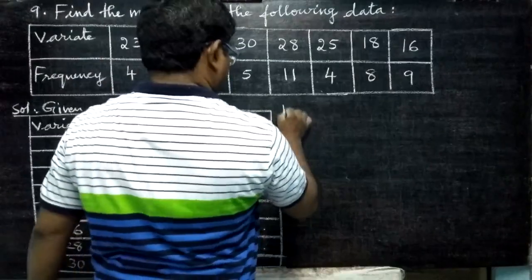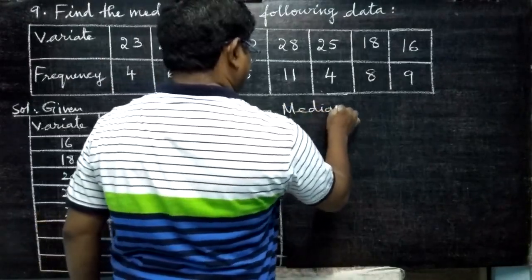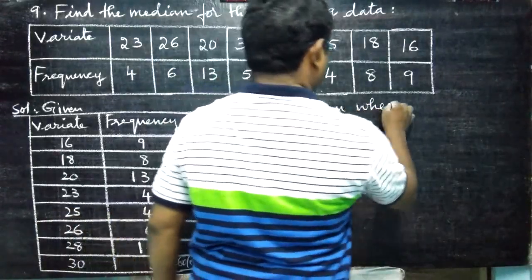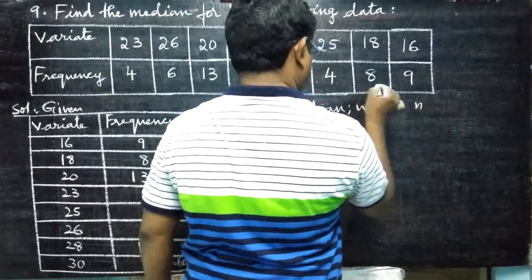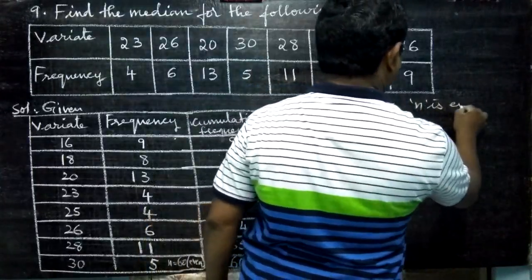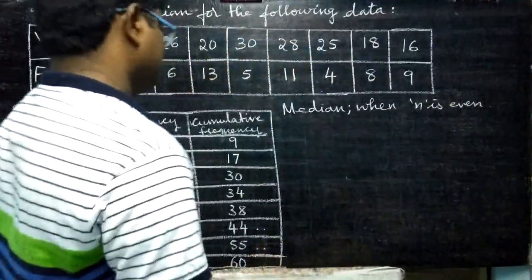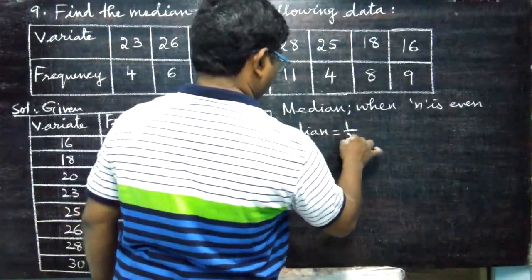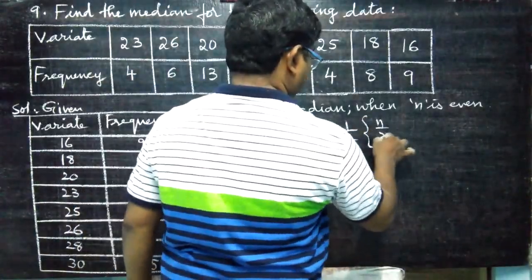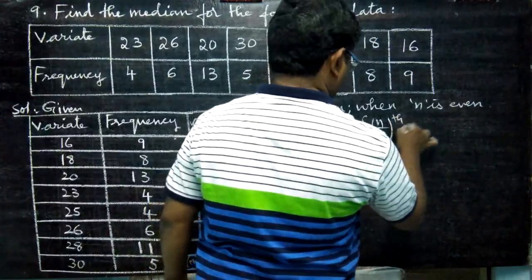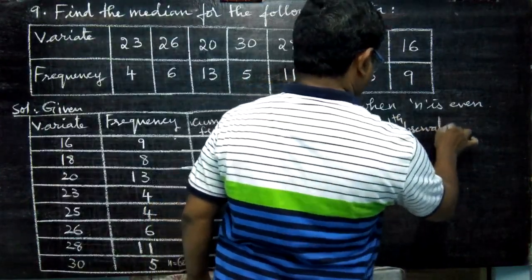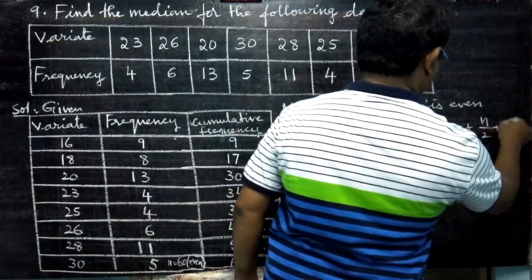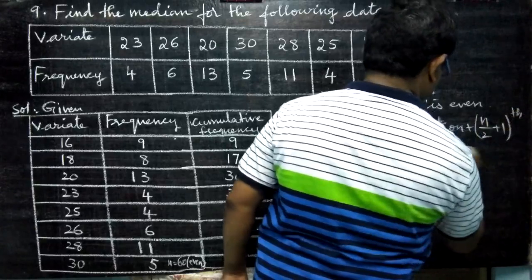Now you are going to find median when n is even. So median is equal to half of the (n by 2)th observation plus the (n by 2 plus 1)th observation.